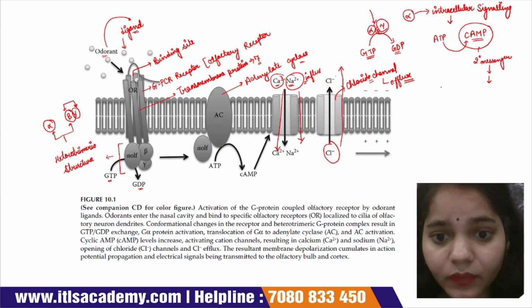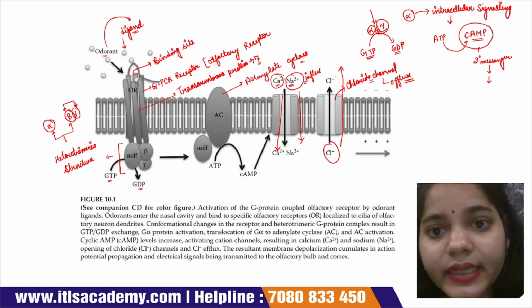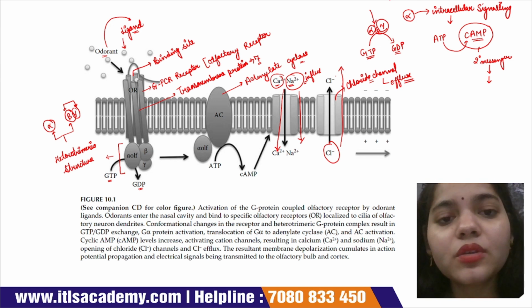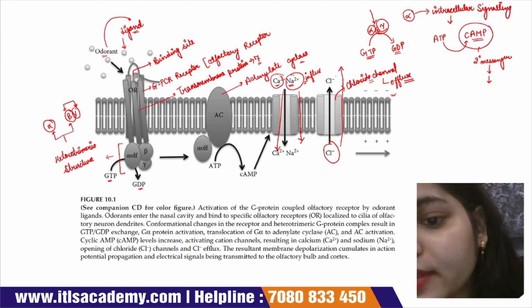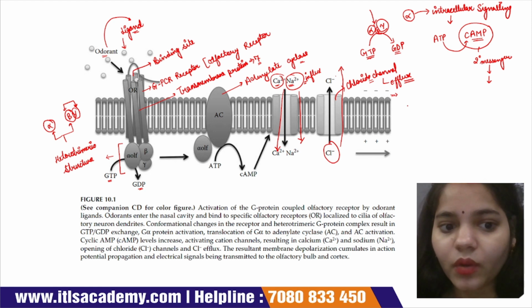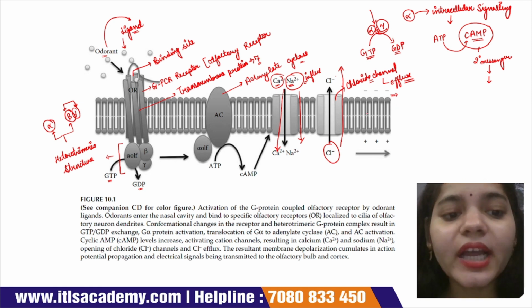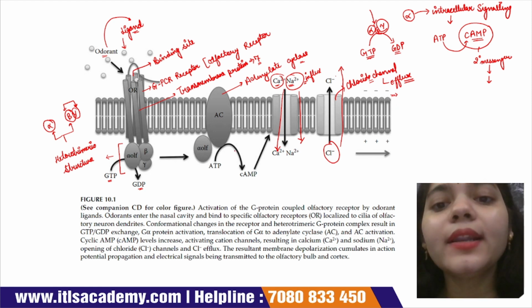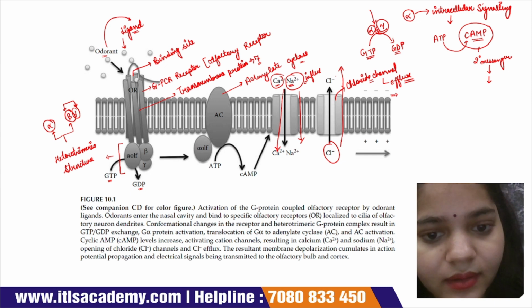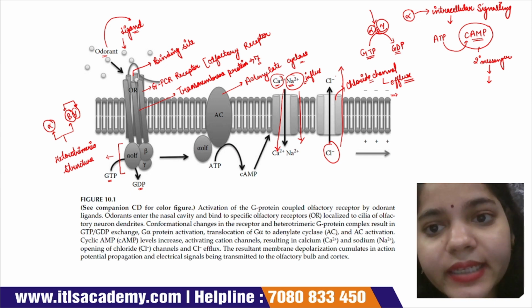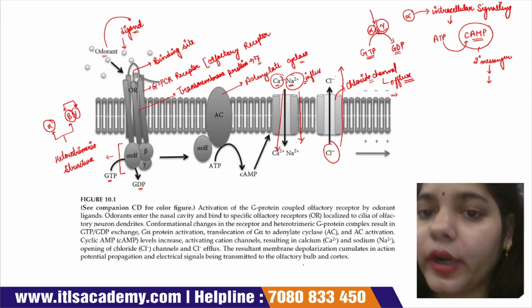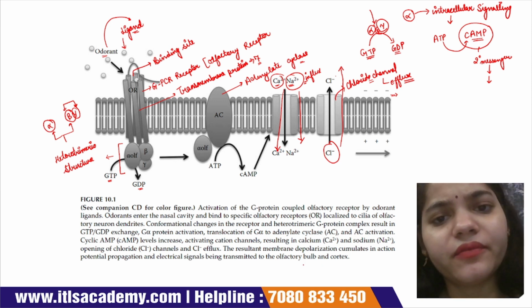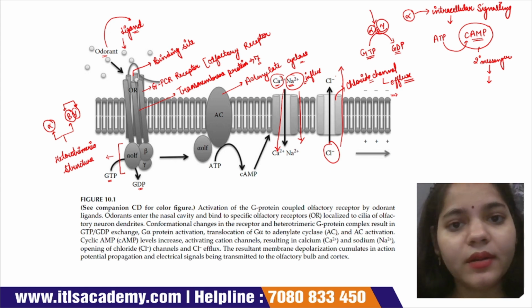As a result of this whole process, the cell membrane will depolarize and generate the action potential or electrical signal. And this signal is transported to the olfactory bulb and cortex, and then further processing will occur.